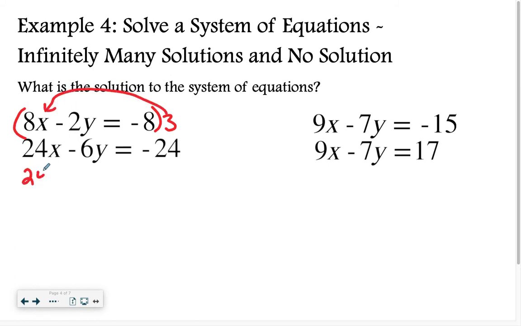So then I would have 24x, and then 3 times -2 would be minus 6y equals, and 3 times -8 is -24. So once I multiplied and got those to be the same, you can see I ended up with the same exact equation twice. Whenever that happens, that's called infinitely many solutions.